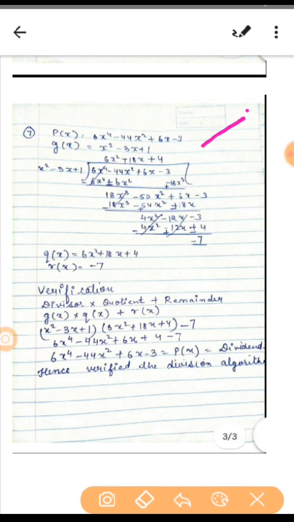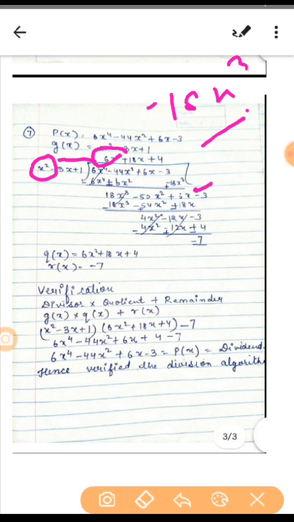So we need 6x to the power 4 by multiplying x square. So we will multiply x square by 6x square. So 6x square multiplied by x square is 6x to the power 4. Then 6x square multiplied by minus 3x is minus 18x cube.